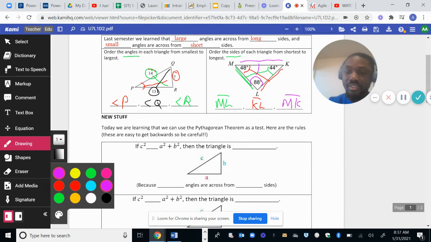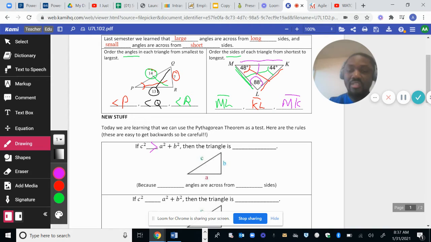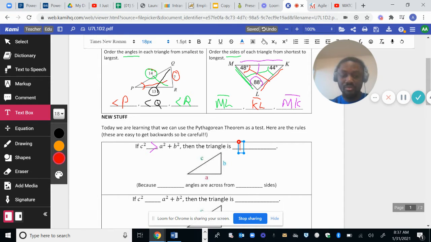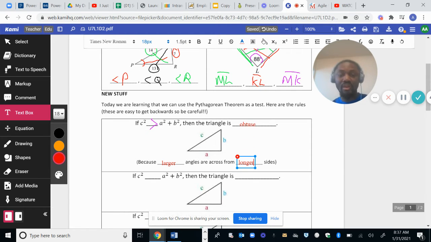So we're gonna differentiate them today. If C square is greater than A square plus B square, then the triangle is obtuse. Why? It's because larger angles are always across from the longer sides, okay?